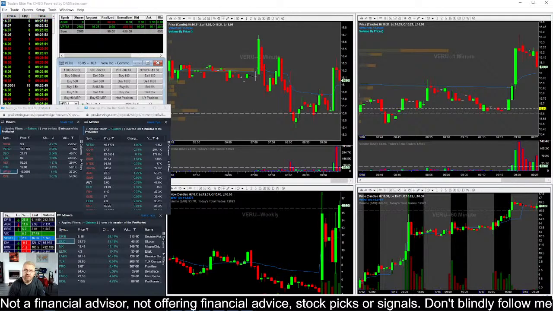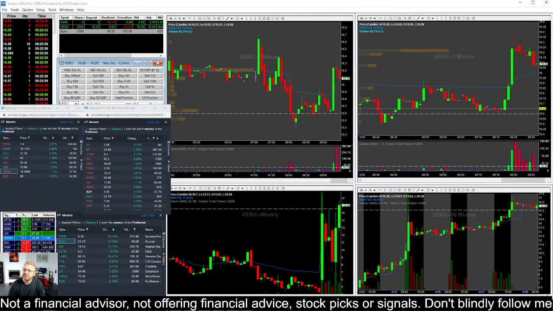Looking at the level 2 as well. Of 23. Right at the whole dollar, which usually makes a good resistance level or support level.